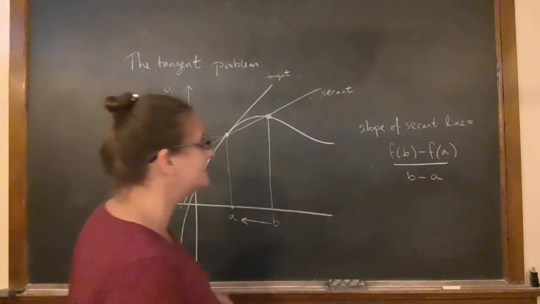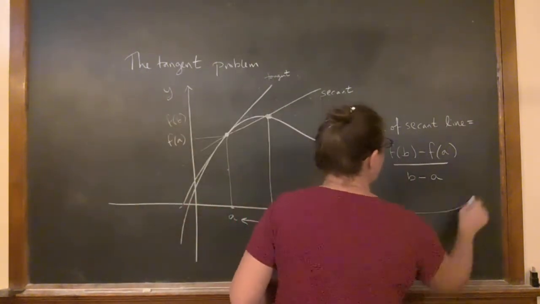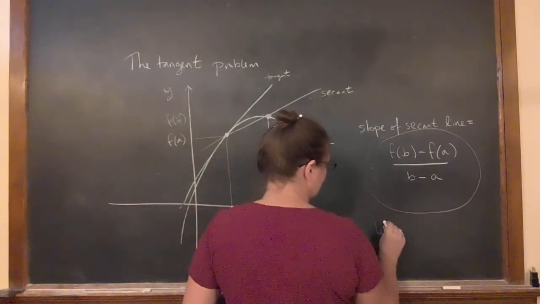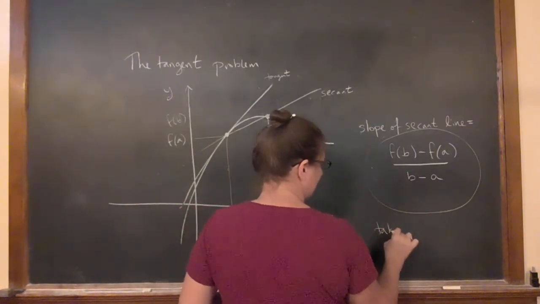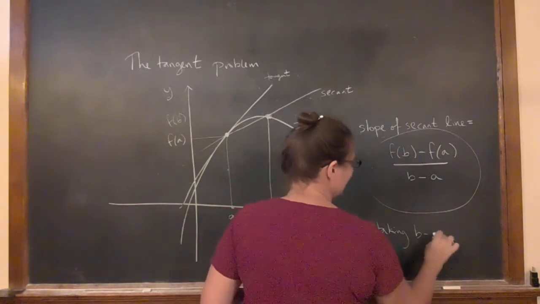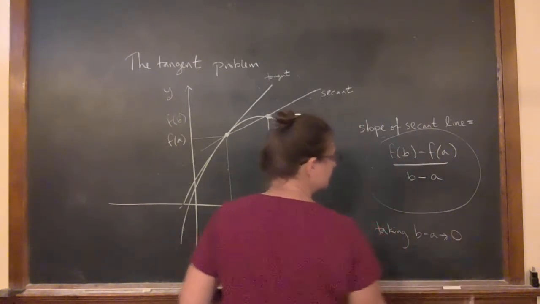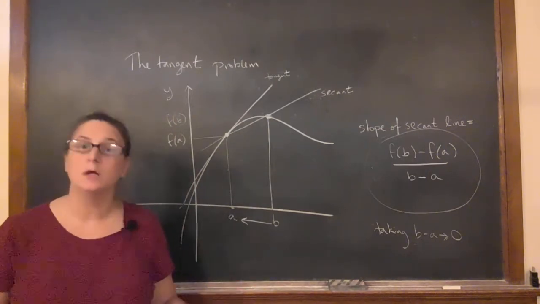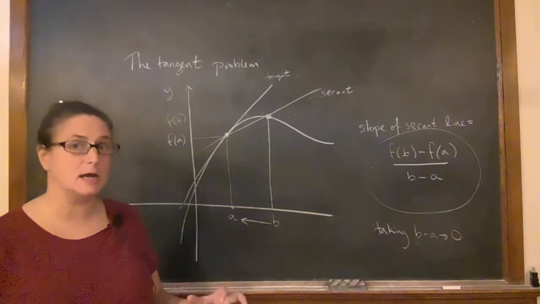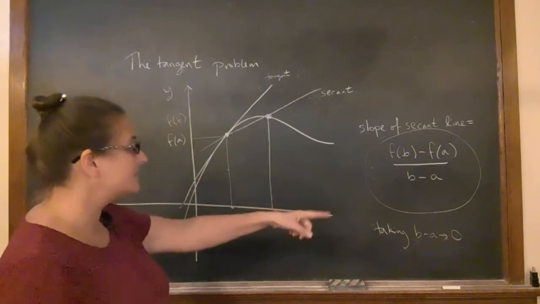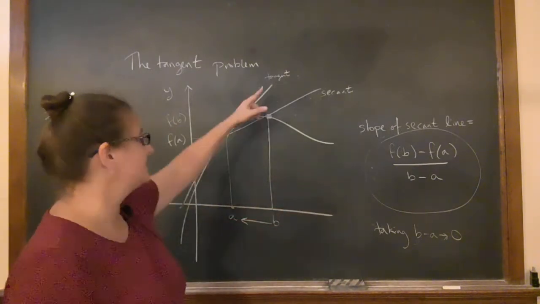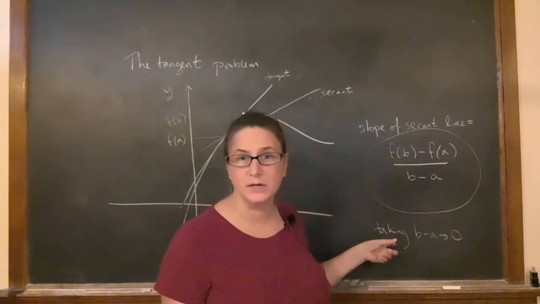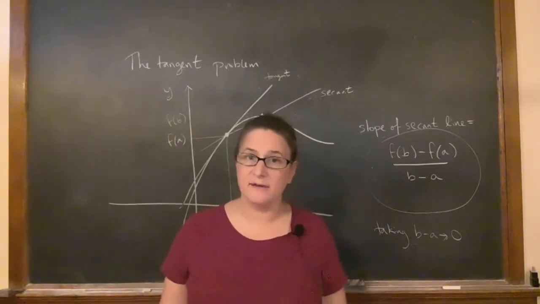So if we can make sense mathematically out of taking b minus a to 0 and have it make sense, which doesn't always work, but in many cases it does, then we can define this tangent line. And sometimes, as I said, it doesn't work. Sometimes we can't do it, in which case we can't find a tangent line.